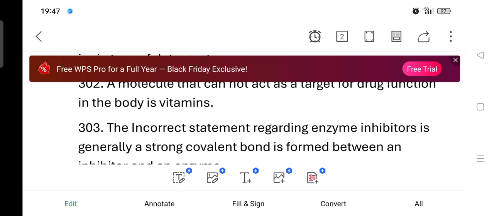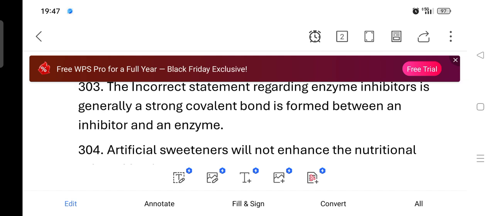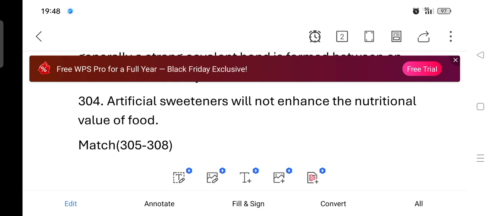The incorrect statement regarding enzyme inhibitors is: generally a strong covalent bond is formed between an inhibitor and an enzyme. Artificial sweeteners do not enhance the nutritional value of food.